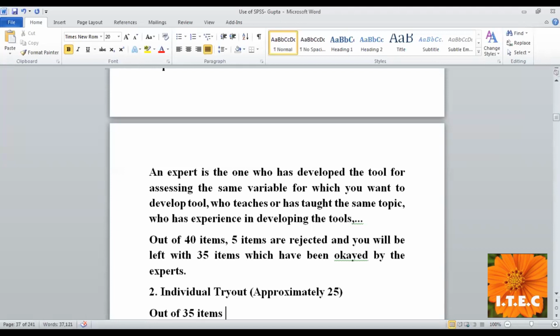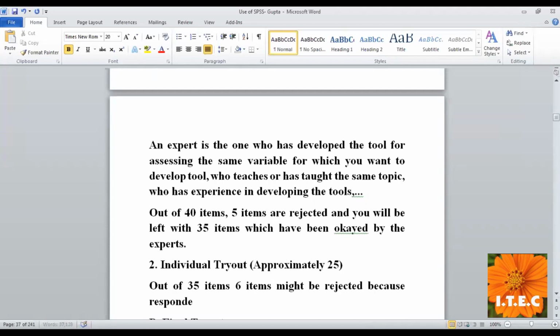5 items, 6 items might be rejected, because a respondent faced a problem.